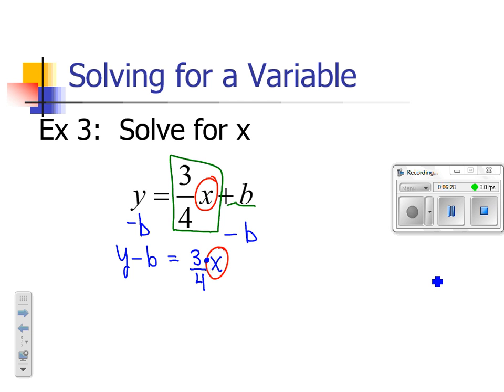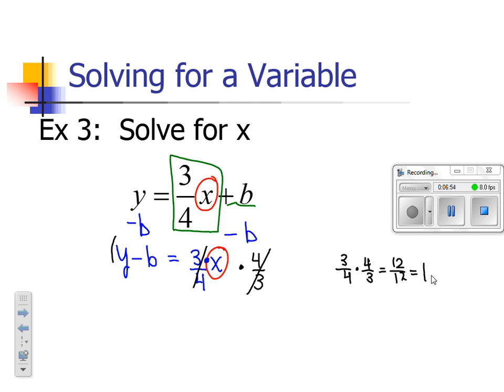So we don't ever divide by a fraction. We always multiply by the reciprocal, because 3/4 times 4/3 is 12 over 12, which is 1.